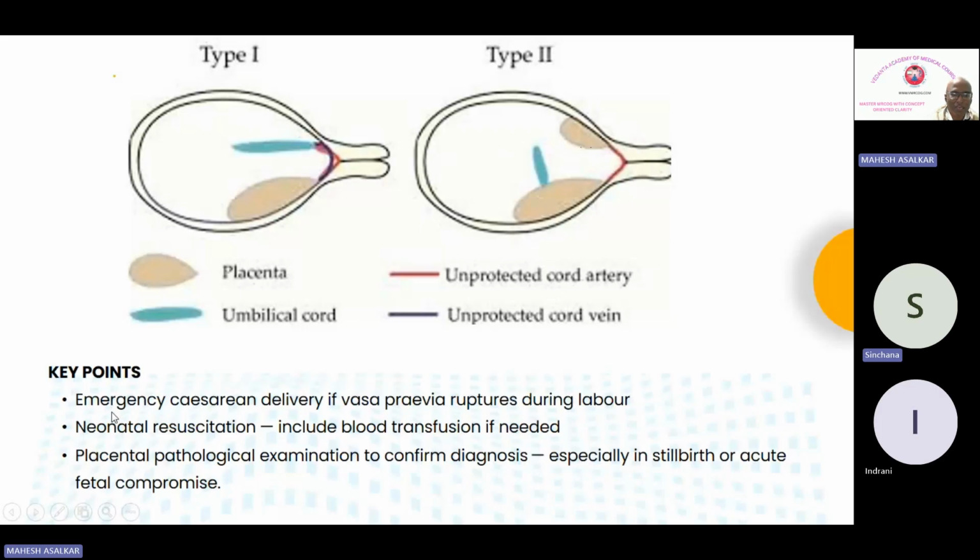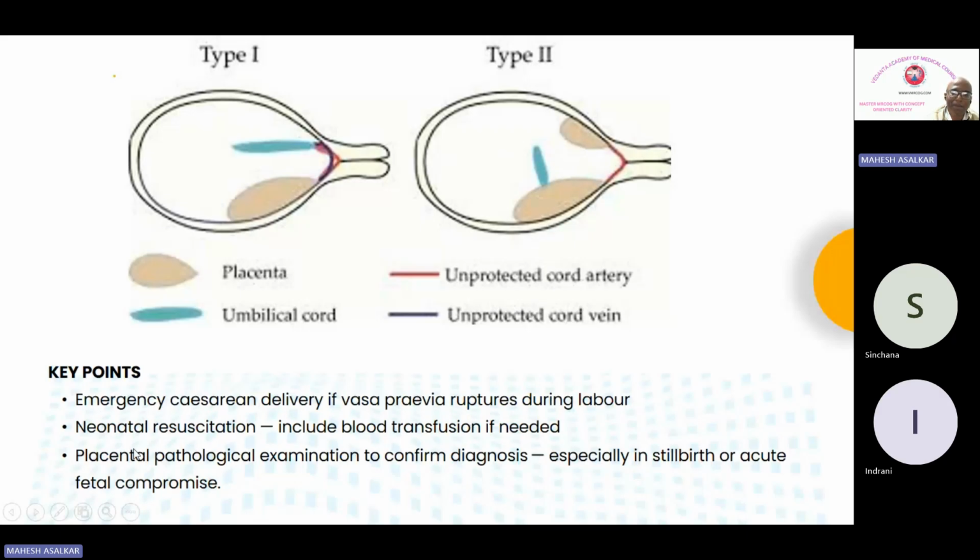So what are the key points? First is emergency cesarean delivery, if Vasa Previa ruptures during labor. Another is that neonatal resuscitation facility should be available, including blood transfusion if required. Remember, when the Vasa Previa bleeds, the bleeding is from the fetal aspect, so not only neonatal resuscitation but blood transfusion may also be required.